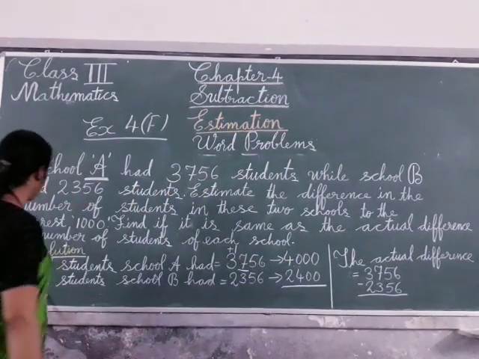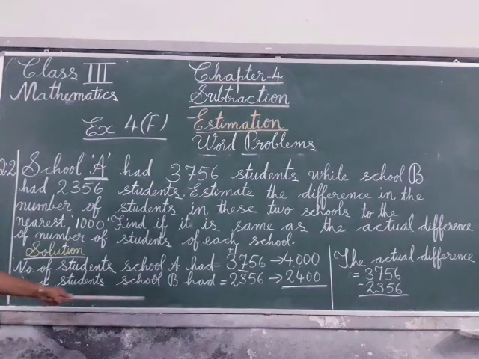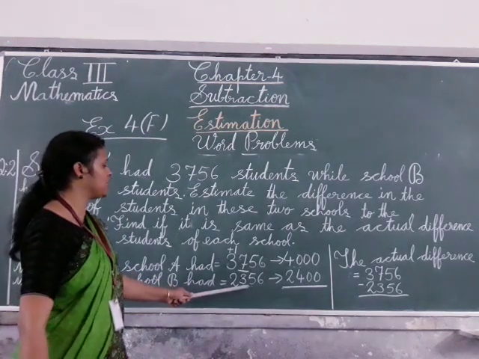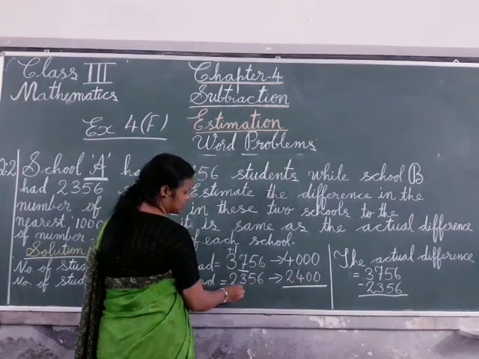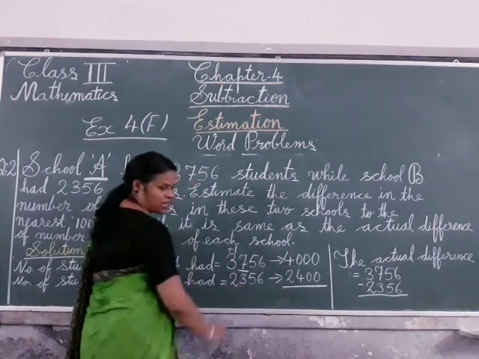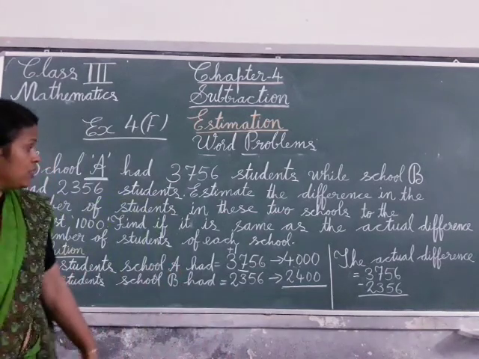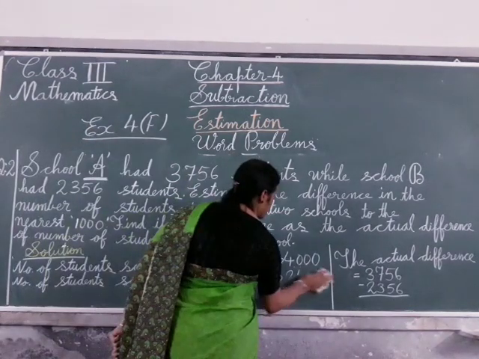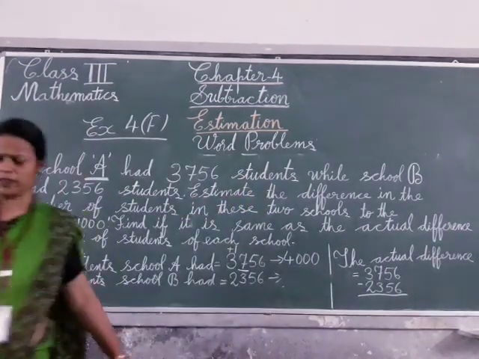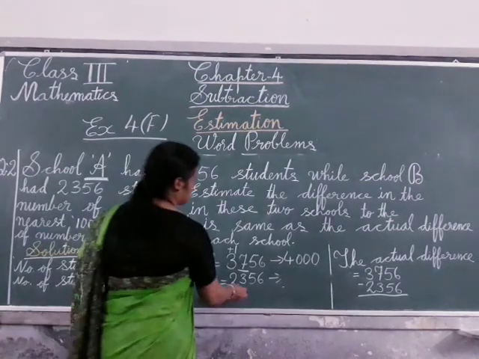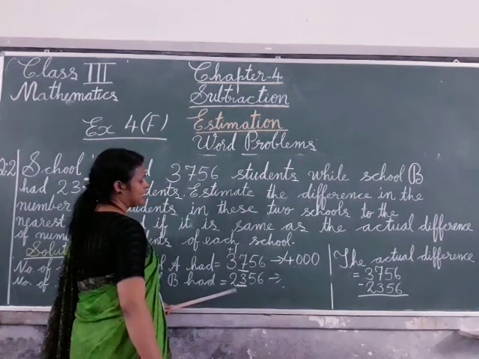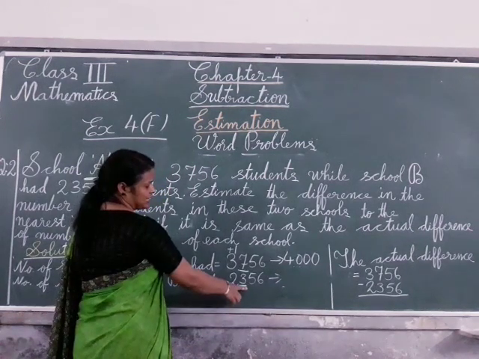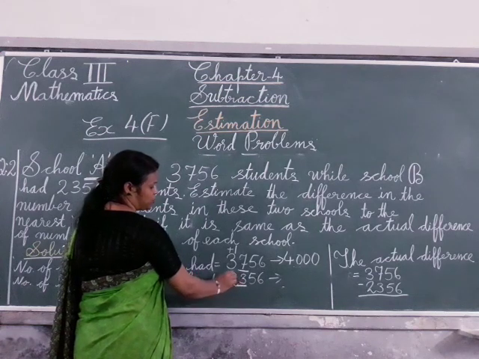The number of students school B had is 2,356. The round figure of that number is 2,000. Then what do we have to do here? The number at the hundreds place is 3, which is less than 5. So what do we do?